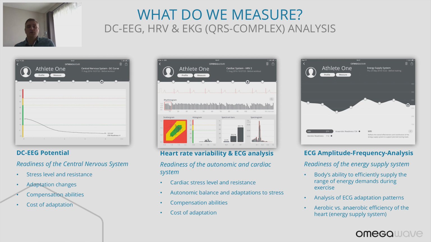Compensations in the nervous system, autonomic nervous system, aerobic and anaerobic systems, as well as in cardiac and cardiopulmonary function. Okay. So that was the primary reason of why we chose these particular methods. And I hope I explained what these methods measure.